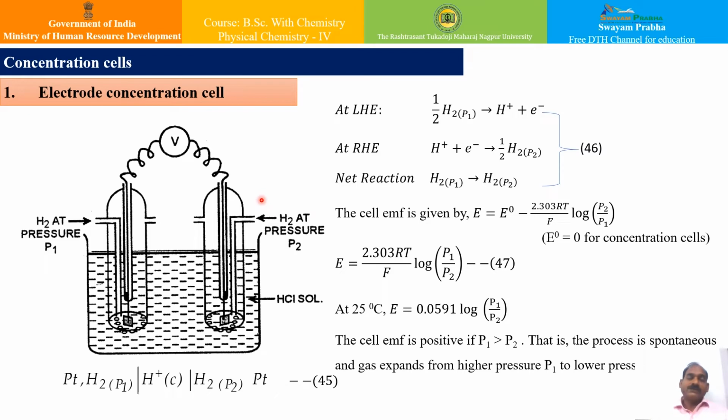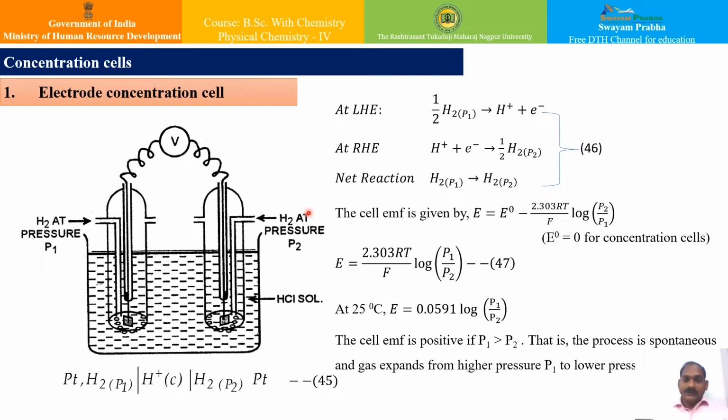Now, friends, so far we have considered electrochemical cells in which the EMF is generated due to two different chemical reactions taking place at two different electrodes. Such cells are called chemical cells.